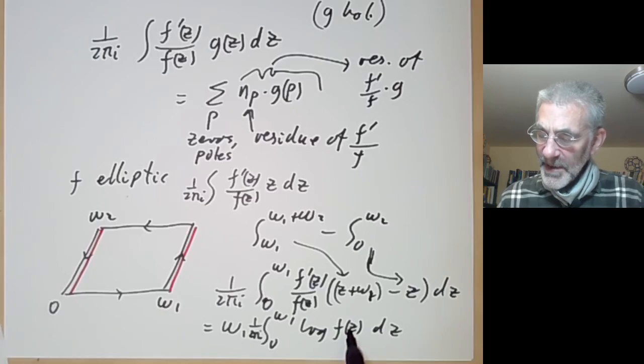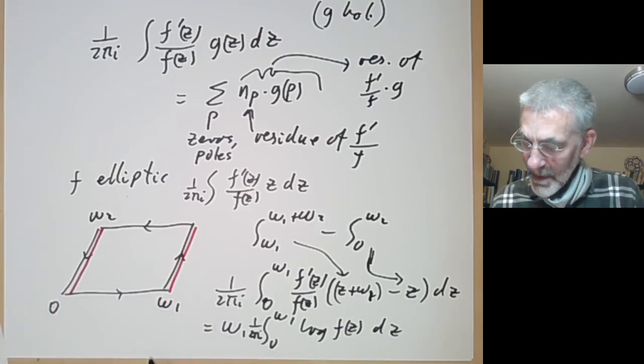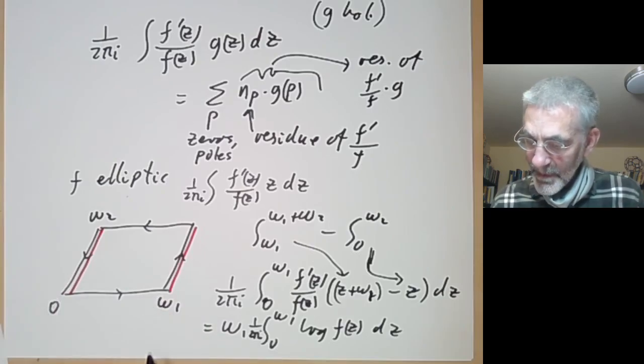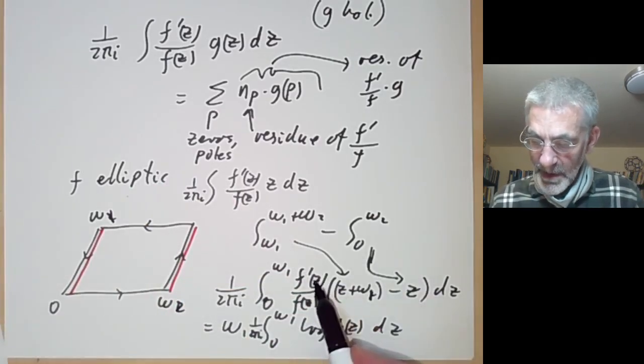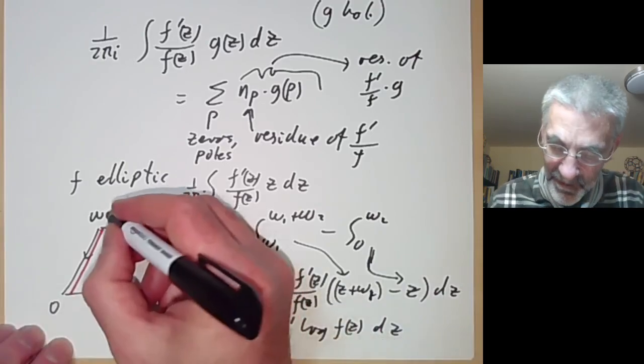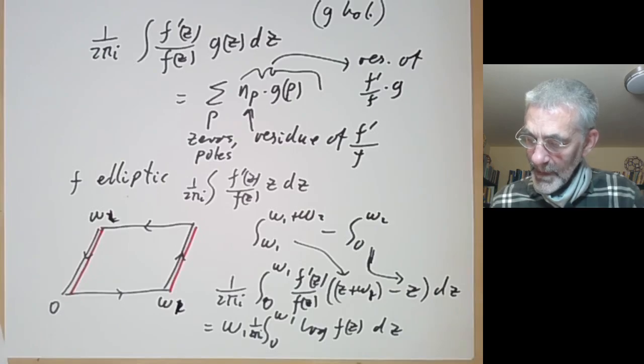Well, f of z is periodic with period omega 1. Let's switch these, omega 1 and omega 2. No, I had it the right way around the first time. And it's that one that should be an omega 2, sorry.